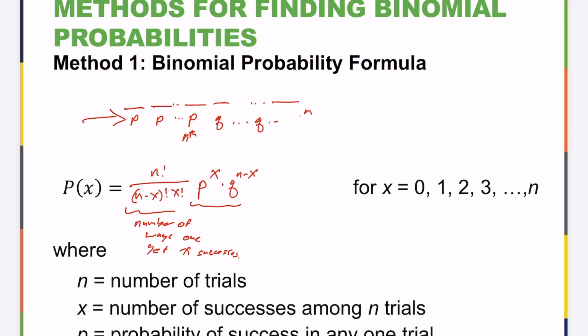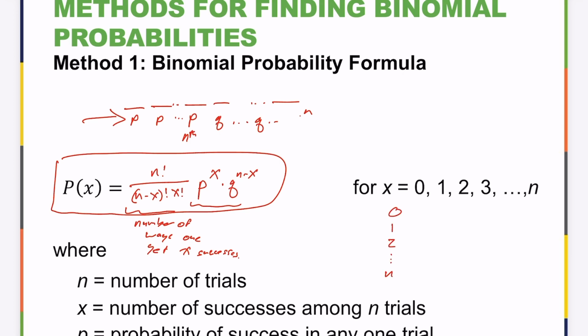Great. Okay, so that right there is the probability distribution. Imagine I've got this table here with 0 successes, 1 success, 2 successes, all the way down to N successes, and then N plus 1 successes. No, that's not possible. You can't have N plus 1 successes among N trials. So it's 0, and everything after that is going to be 0.